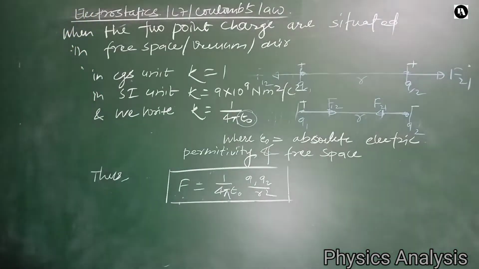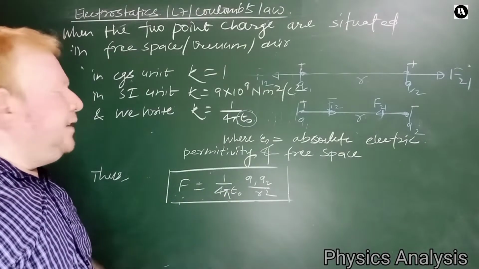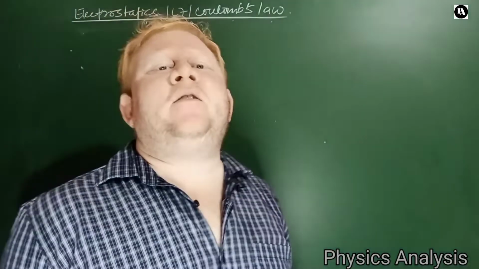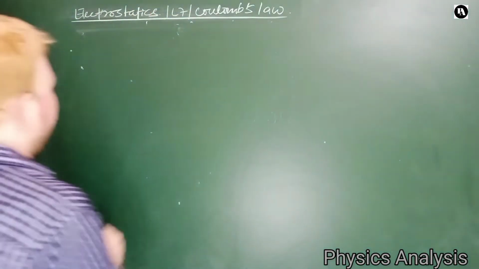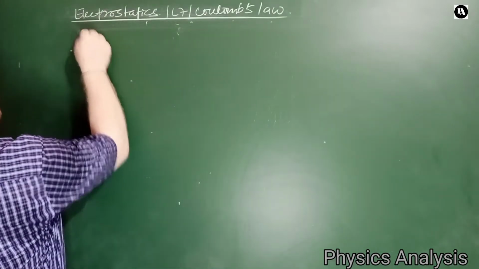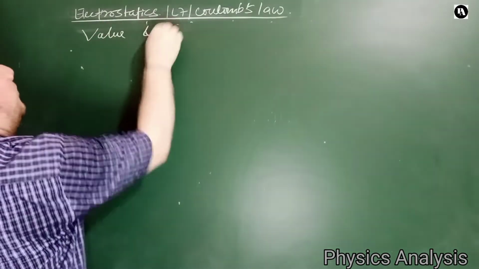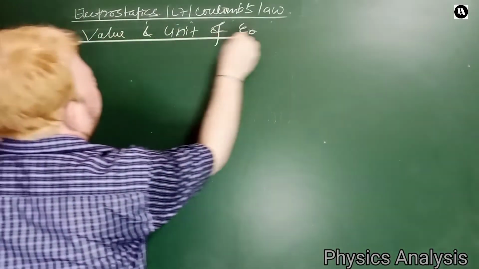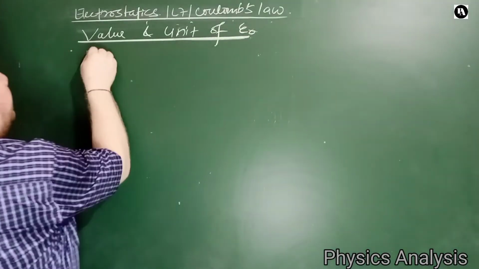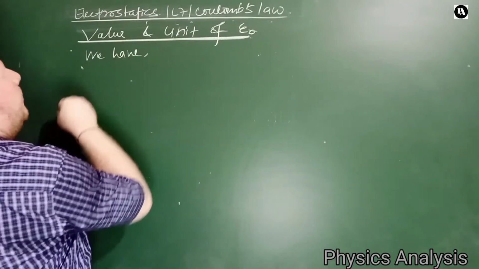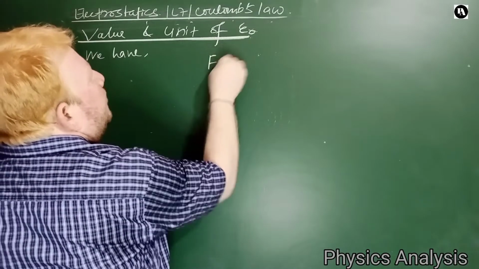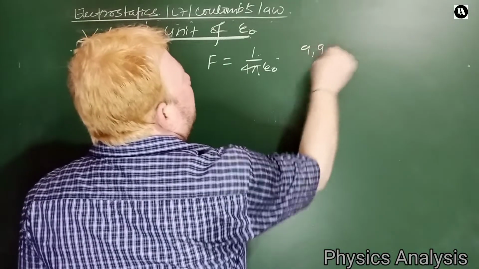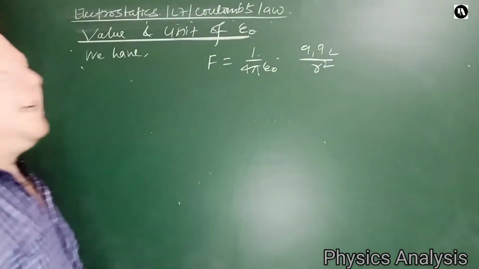Clear? Now let us discuss what is the unit and value of this epsilon naught. Value and unit of epsilon naught, note it down everyone, right? So for that what we have, F is equal to 1 by 4 pi epsilon naught into Q1 into Q2 by R square. We are having this one.